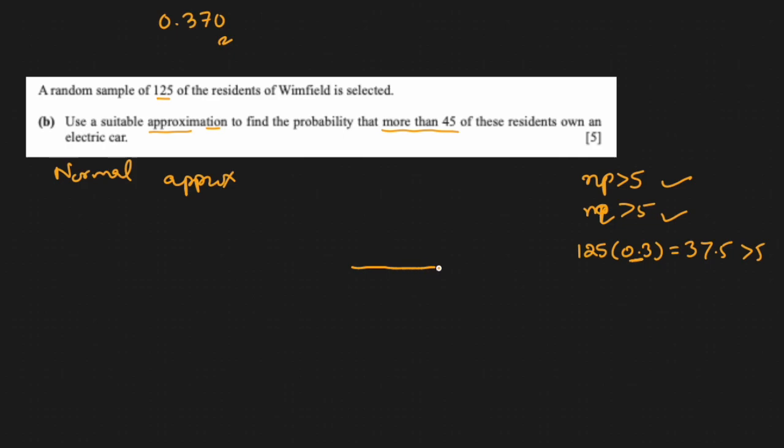For normal approximation, we should first draw a normal probability distribution graph and indicate the mean. Mean is NP, 125 times 0.3, which is 37.5. Now we need the standard deviation also.